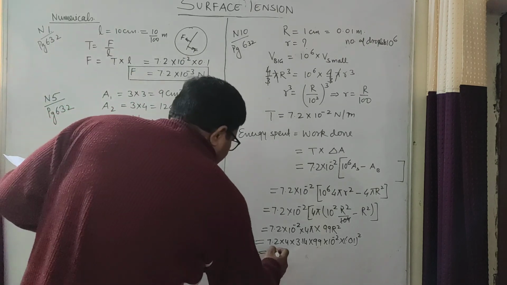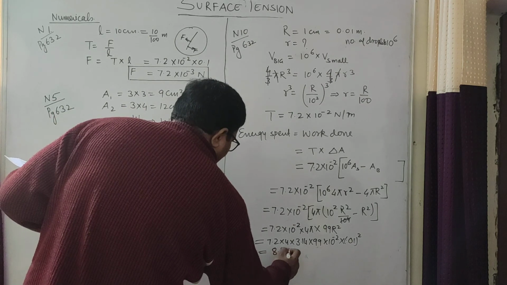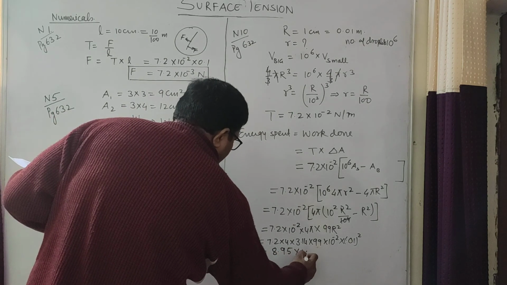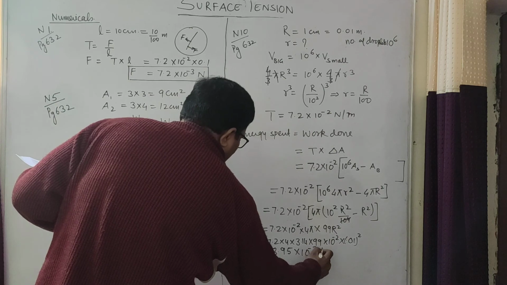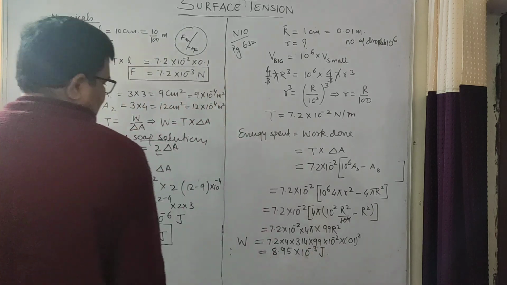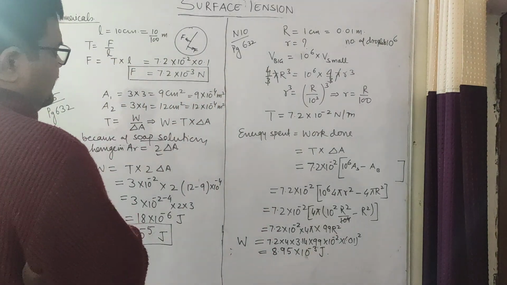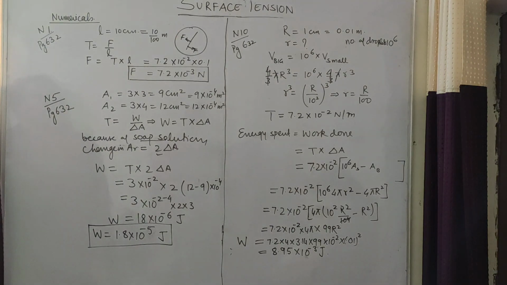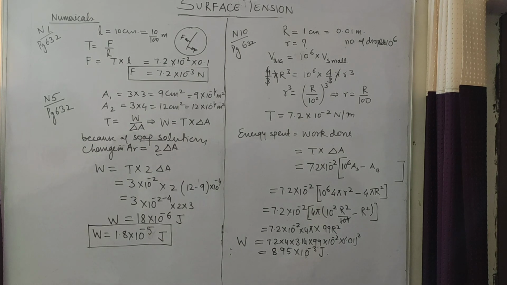The answer is as per the book. I am writing the answer, but you need to solve. This is the correct method of solving this particular numerical, numerical number 10 on page 632. So this is the answer for the energy spent in this particular numerical.